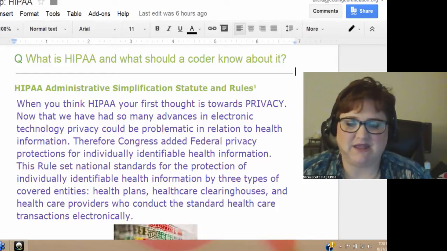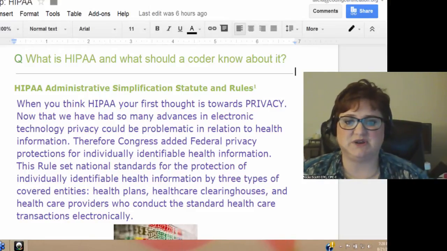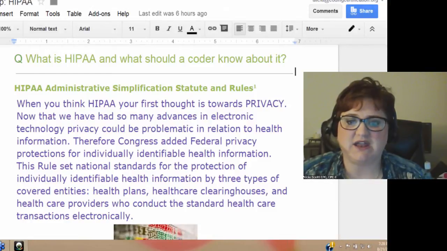Privacy is the main thing they're thinking about. But now with the advances in electronic technology, it's not just privacy that they have to worry about, it's transferring information from one entity to another, one facility to another. There are rules and regulations that go with that.